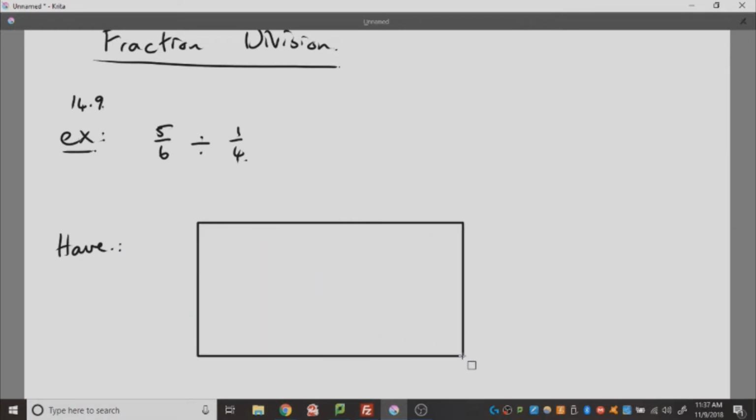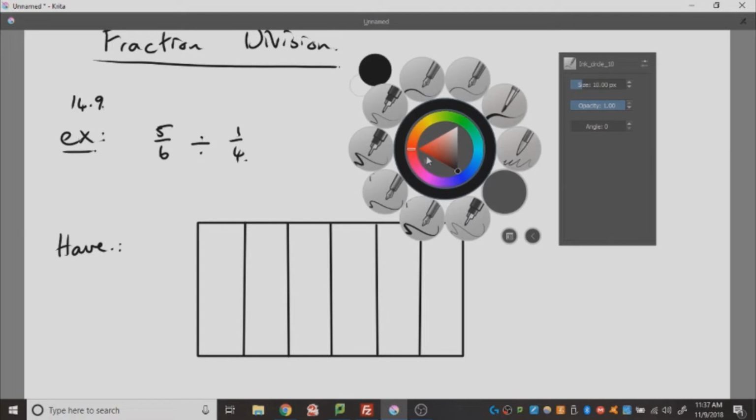Let's make it nice and big. I'm breaking it up into 6 slices, like so, and indicating in pink what I have to work with.